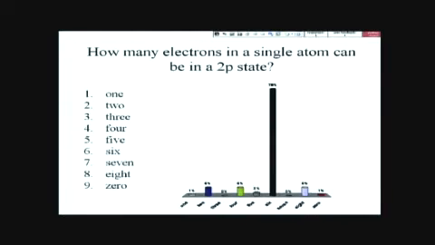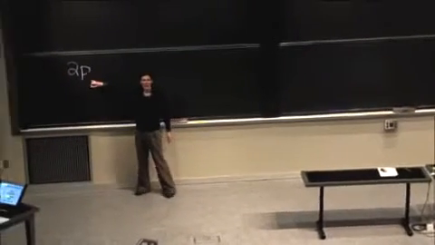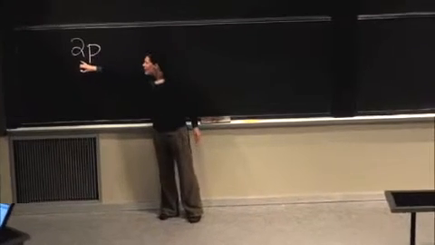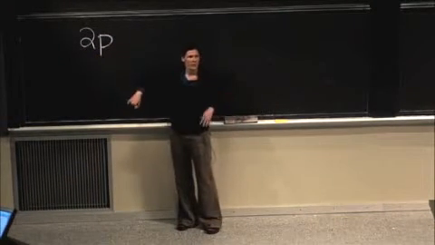Some people got it wrong, however. Let's see how we can all get to the correct answer. If we say that we have a 2p orbital here, that means that we can have how many different complete orbitals that have a 2 for n and a p as their l value? 3.